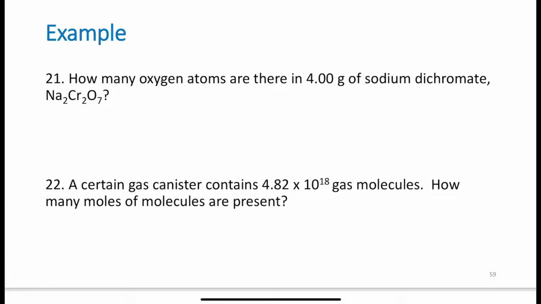How many oxygen atoms are there in 4 grams of sodium dichromate, Na2Cr2O7? So now I want to know the number of oxygen atoms. If I'm starting with 4 grams of sodium dichromate.